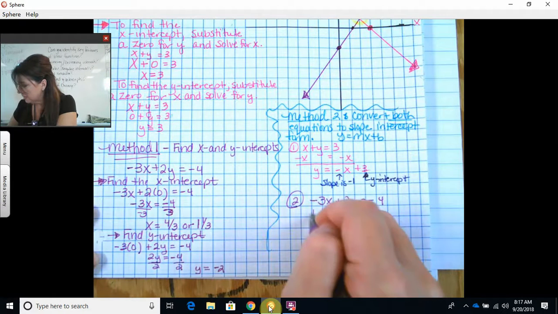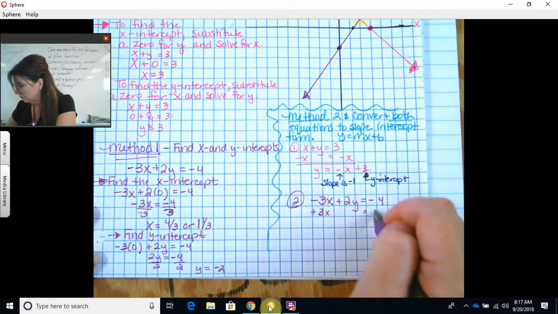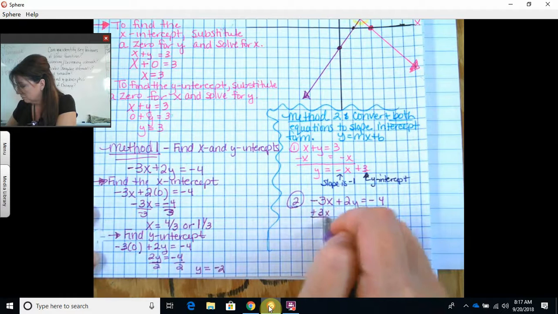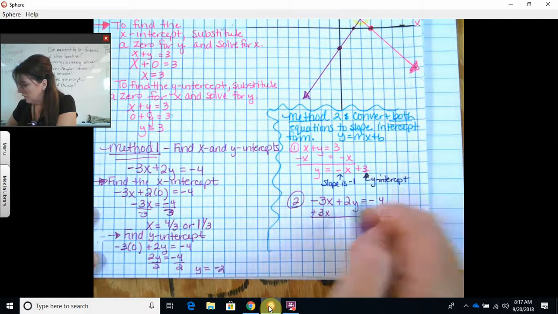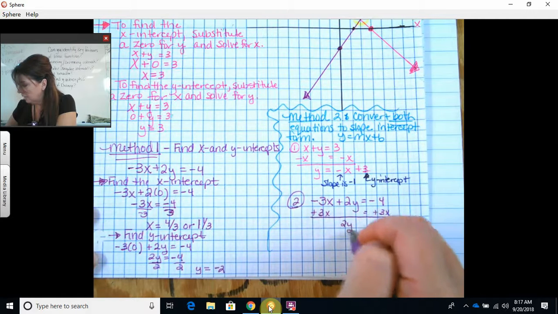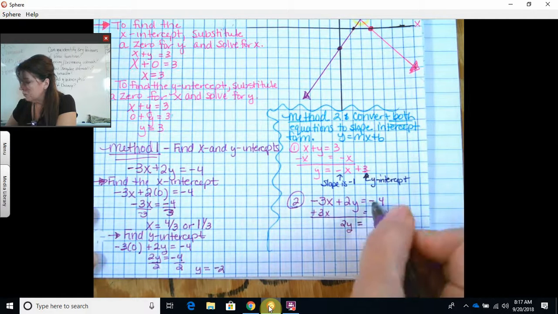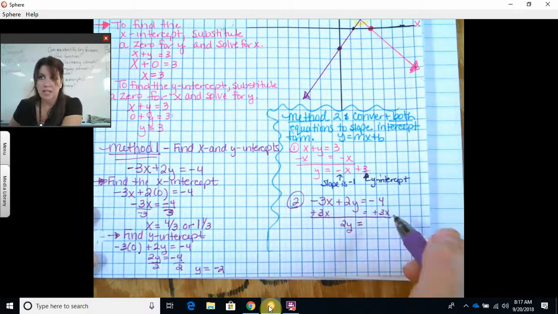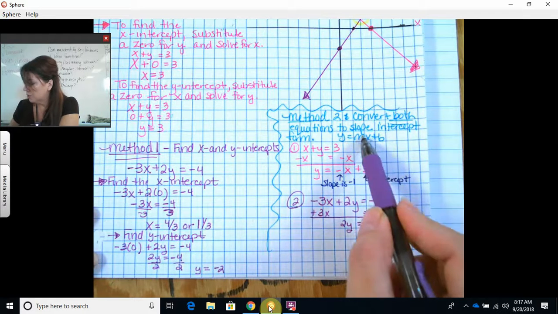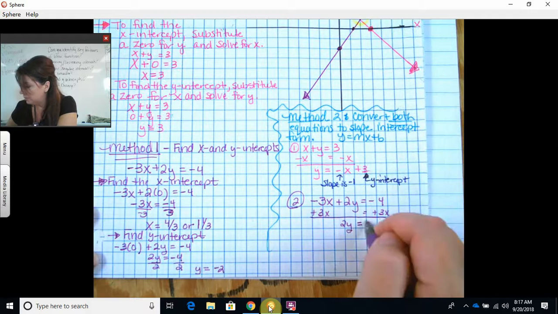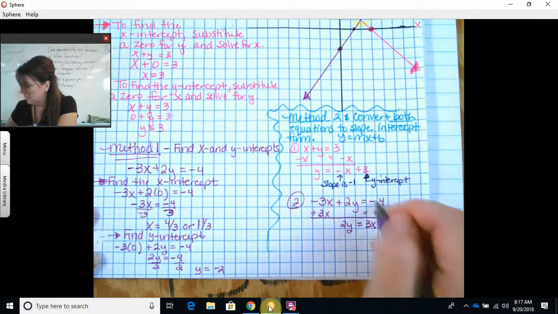Add 3x to both sides. So on the left, negative 3x plus 3x is 0. Bring down your positive 2y equals -4 + 3x. Those are not like terms. We cannot write it together. Slope-intercept form has the term with the x first. So that would be 3x, and it's positive, minus 4.